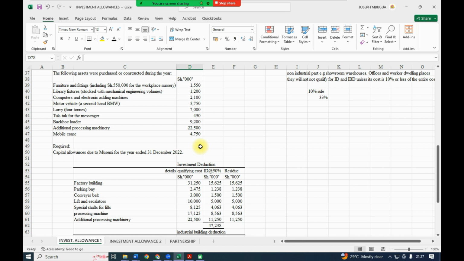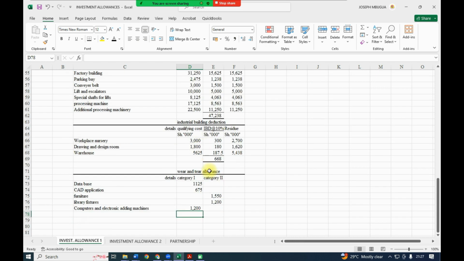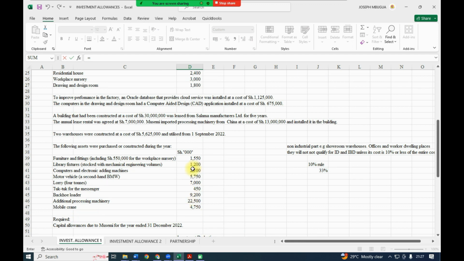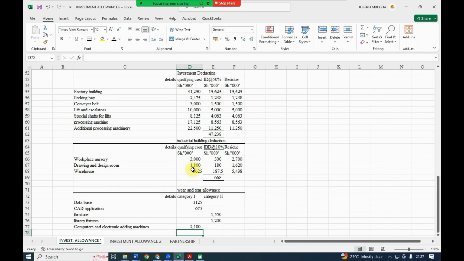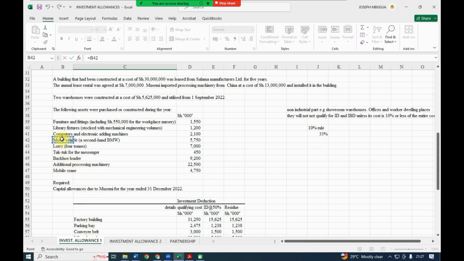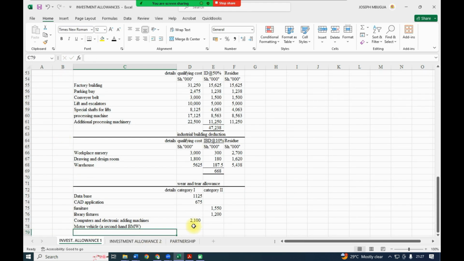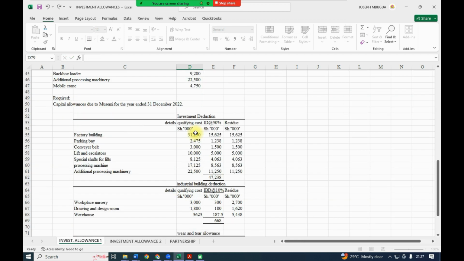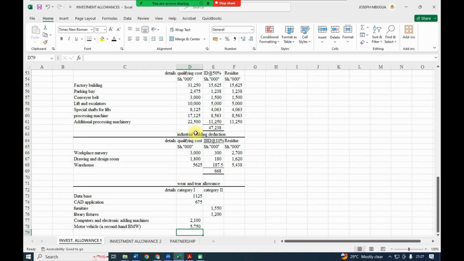Computer should be 21, not 12 here. We had a motor vehicle, a second hand BMW. So long as the owner had not completed claiming the capital allowance, the new owner will continue claiming the capital allowance.